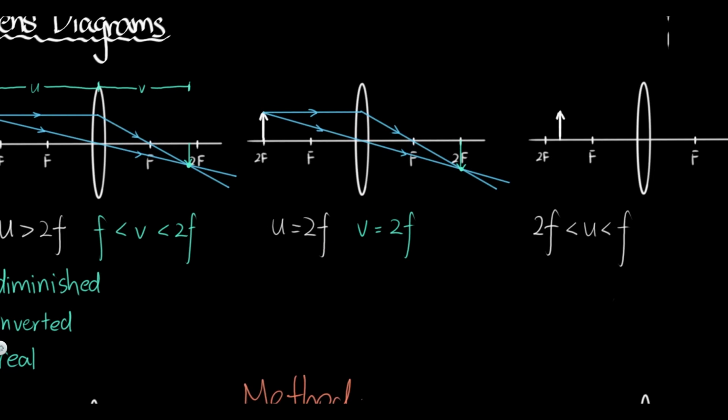All right. So we know that when the object distance is 2f, the image distance is also going to be 2f. And let's try describing some of the properties of this image. It's maybe hard to tell on this diagram, but if you draw it on paper and measure it with a ruler, you're gonna see that this image is going to be the same size as the original object.